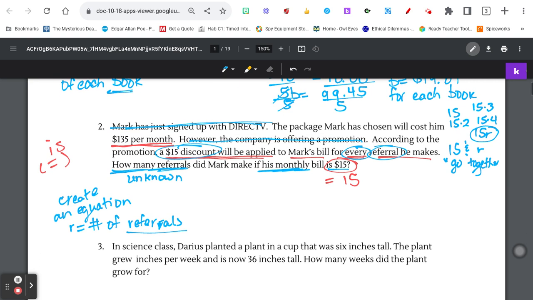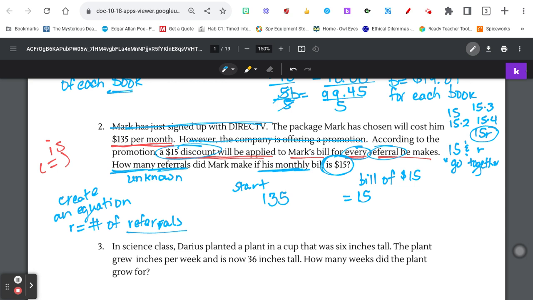Okay. All right. Again, I pretty much know from this right here that this bill ended up being $15. That I set this equal to 15. But how do you get to a bill of $15? Well, where did he start? So we're going to go over here to set up this other side. We're going to say, well, he started with $135.